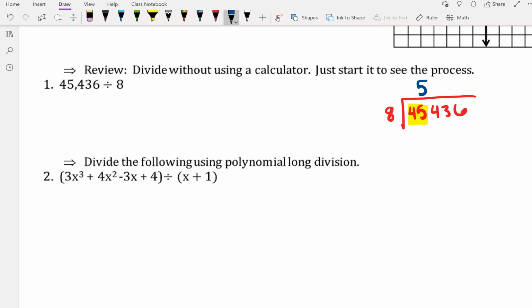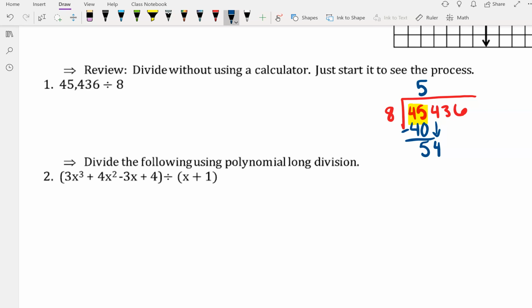Then I multiply. 5 times 8 is 40. I line that under the 45, and then I find the difference between these two to find what was remaining. And the remainder is 5. Then I continue this process. I bring down the next digit and start the process all over again.